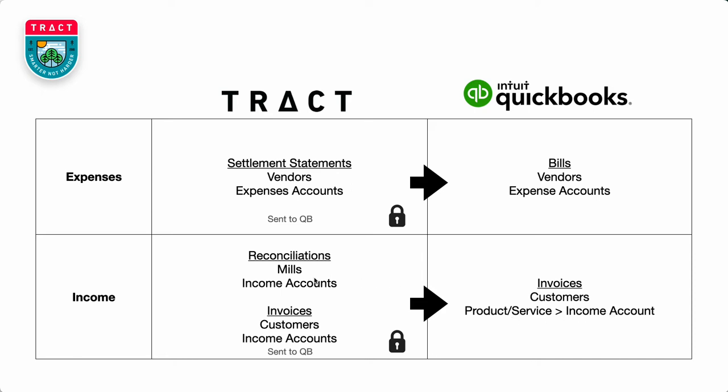So when you are mapping, when you send a reconciliation or invoice over to QuickBooks, you're going to have to decide, okay, this income account, maybe it's a timber sale account, what product or service do I want to associate that with in QuickBooks? And when you associate it with a product or service, it ultimately gets linked to an income account as well, because products and services have to have income accounts.